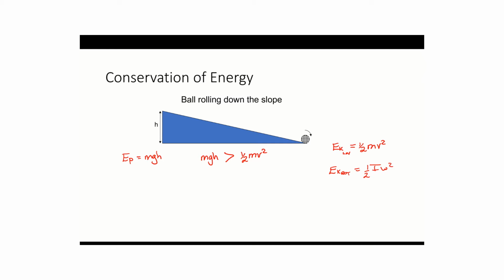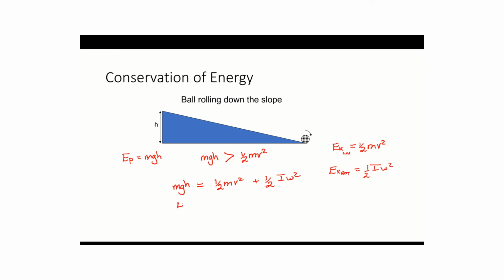omega squared. So it has that rotational kinetic energy as well. So what we find is that the mgh actually goes to the half mv squared plus the half I omega squared.